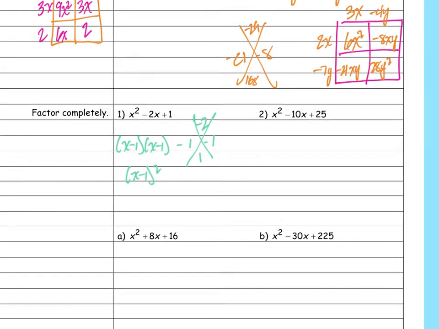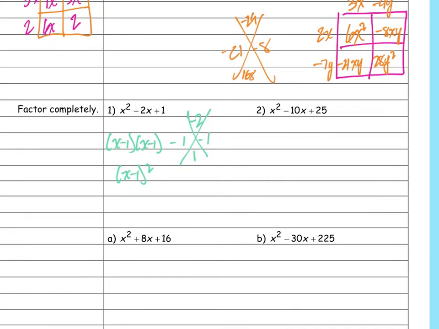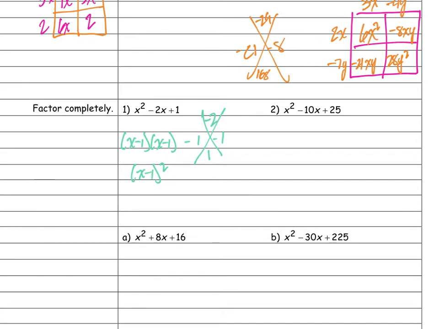Awesome. Okay. So moving on to number 2, still doing the same thing. So I need two numbers that multiply to be 25 and add to be negative 10, well, that should be negative 5 and negative 5. So this should be x minus 5 times x minus 5, or x minus 5 squared.